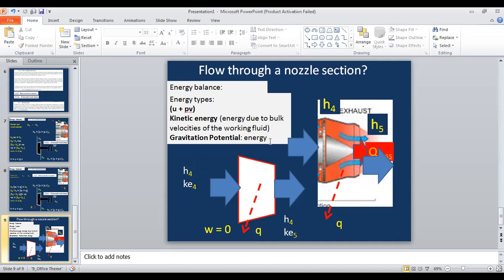Then the gravitational potential. Of course, above the ground, how high? You have a potential. We'll take it this way, gravitational potential.